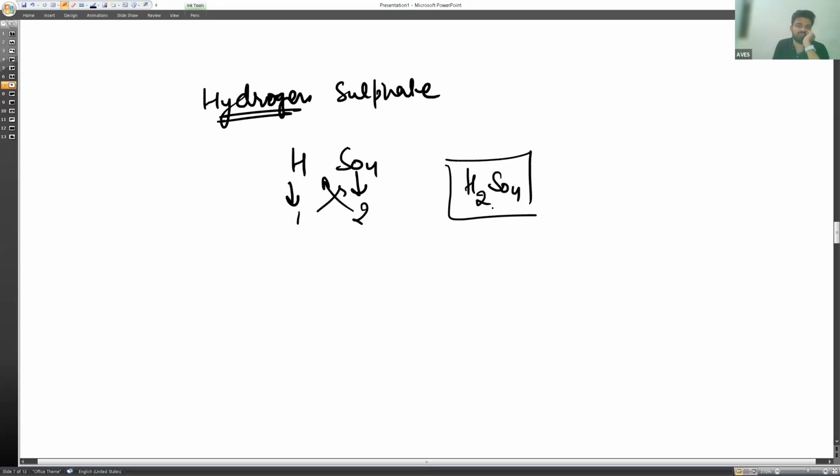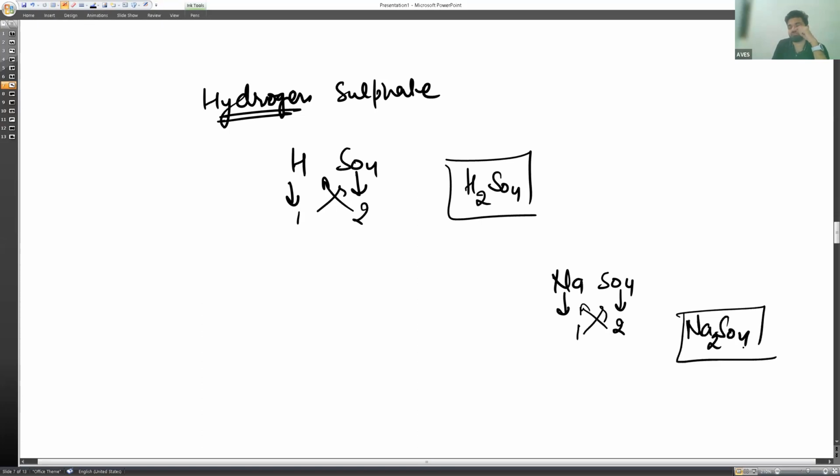This is hydrogen sulfate. Okay, got it? Yes, sir. Like sodium sulfate. Sodium has valency 1. You cross multiply, you will find Na2SO4. This is sodium sulfate.